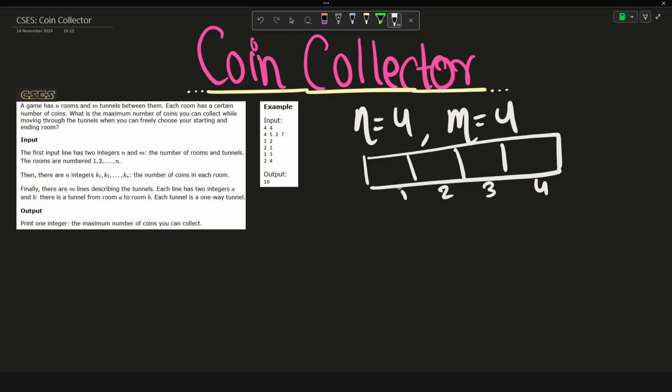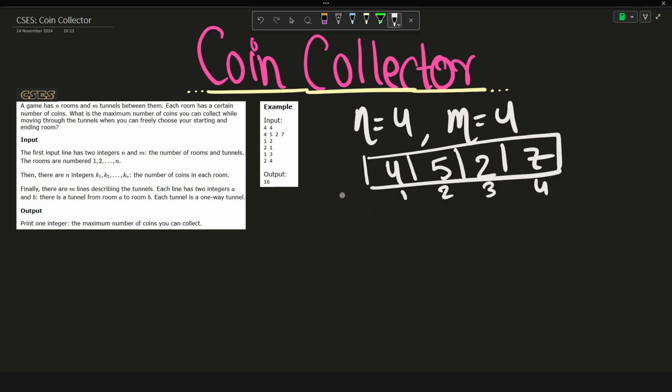The number of coins present in the first room is equal to 4. The number of coins present in the second room is 5. In the third room it is 2, and in the fourth room it is equal to 7. So these are nothing but the total number of coins present in each of the rooms, and then we are given m lines.